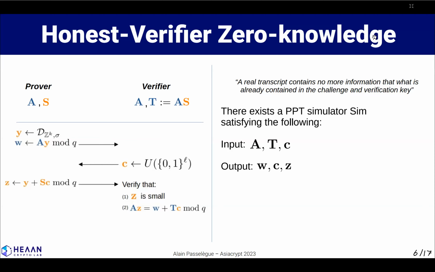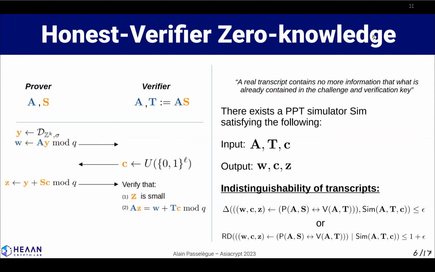There exists some polynomial-time simulator that takes as input the public information that is available to the verifier, so A, T, and C, and outputs a transcript, so W, C, Z. And so what do we want? We just want that the transcript produced by the simulator is statistically close to the actual transcript you get from interacting with the prover. So there are different ways of defining it, either with the statistical distance or with the Rényi divergence. I'm not going to insist on that, but we do both.